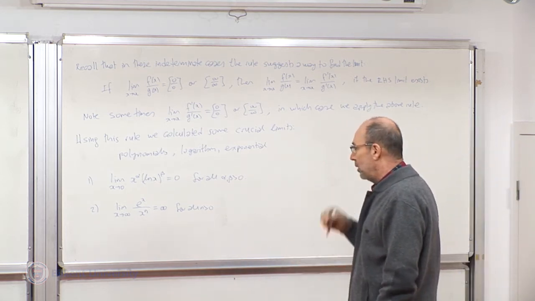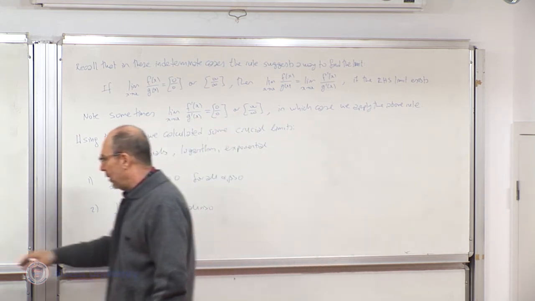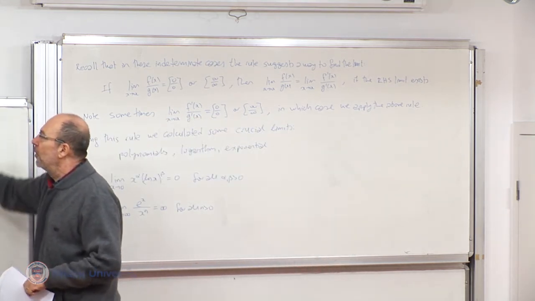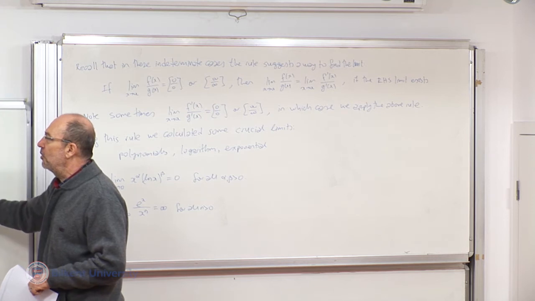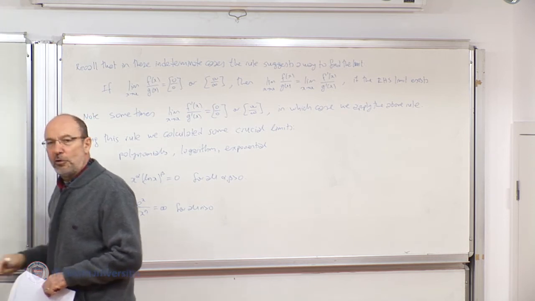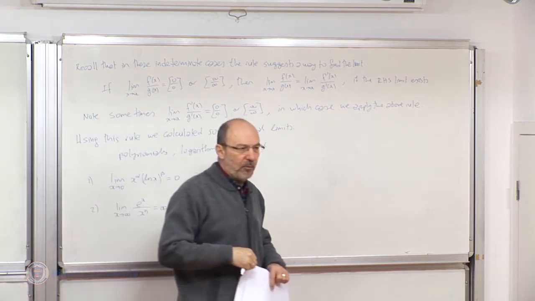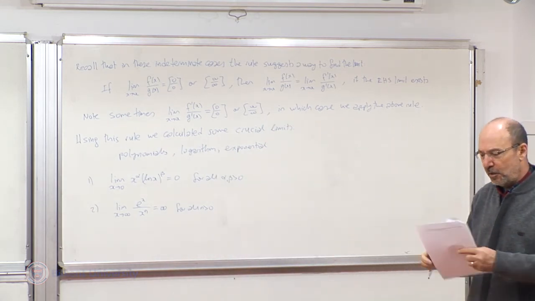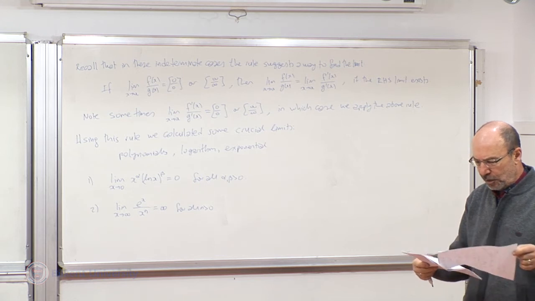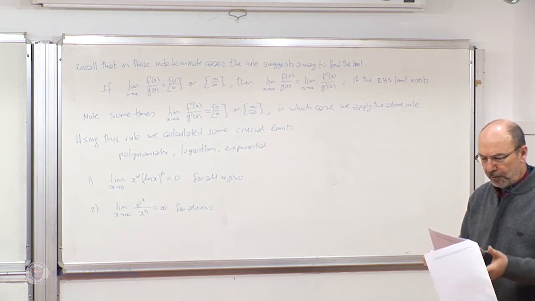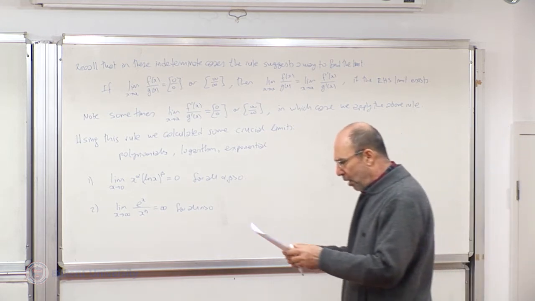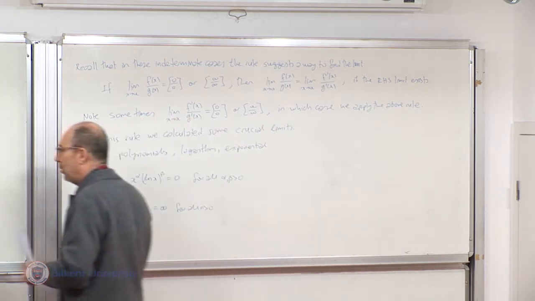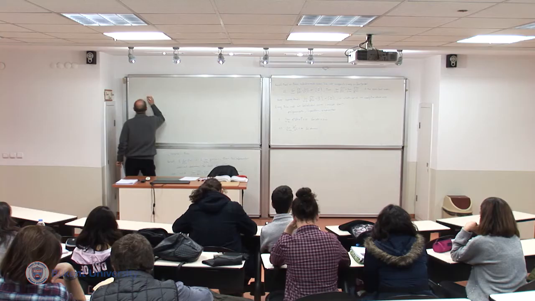And another note is that sometimes in L'Hopital there is a chunk which doesn't contribute to the indeterminacy. Okay, you can blindly start taking the derivative of that, but of course it helps if you don't. So another note is this.